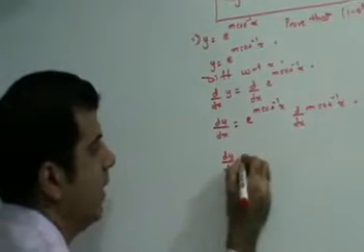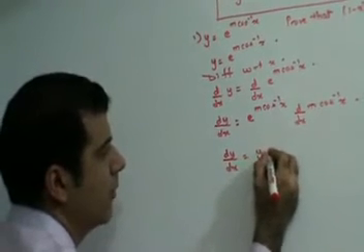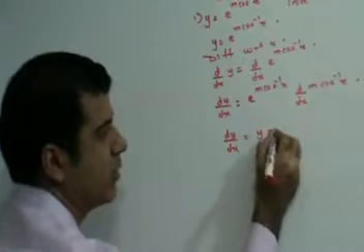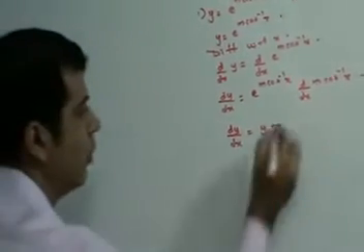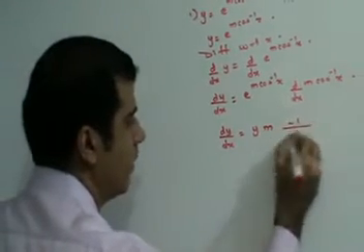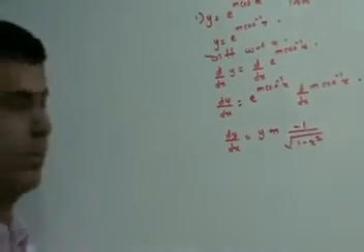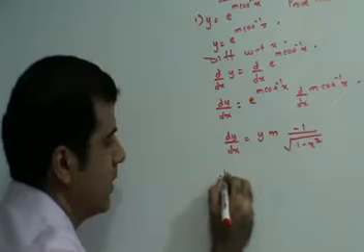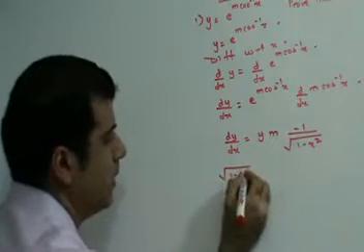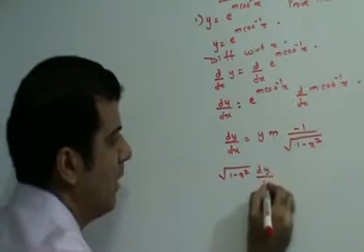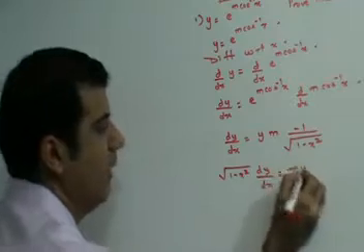So I'll get dy by dx is equal to y. I can take m constant outside. D by dx of cos inverse of x is minus 1 upon square root of 1 minus x square. Now I could take the square root of 1 minus x square on the other side. Square root of 1 minus x square dy by dx is equal to my.